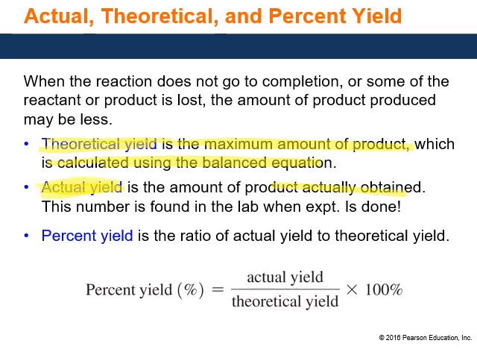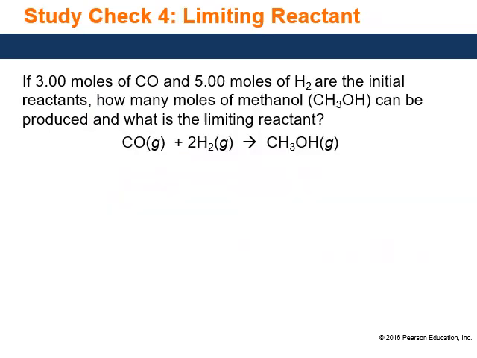You cannot figure that out because you would not know how much product was produced from the experiment. If you're doing a calculation, the only number you can figure out is theoretical yield. And percent yield is the ratio of actual yield and theoretical yield, which is calculated using this formula. Okay, so now let's try some questions based on this concept.